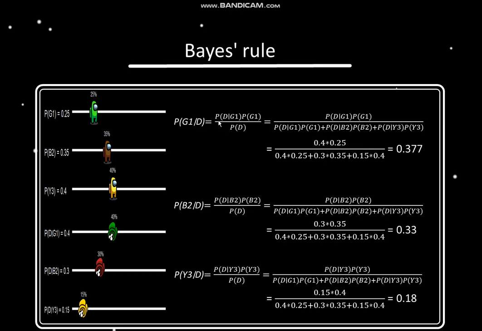The equation is probability of D given G1 multiplied by probability of G1, over probability of D. We don't know P(D) exactly, but we can write P(D) as probability of D given G1 times probability of G1, which means probability of D intersection G1, plus probability of D given B2 times probability of B2, which means D intersection B2, plus probability of D given Y3 times probability of Y3, which means D intersection Y3.